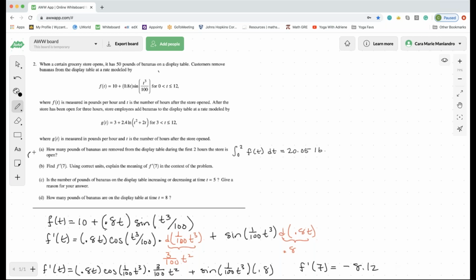And then we have to actually interpret the answer in context of the problem.